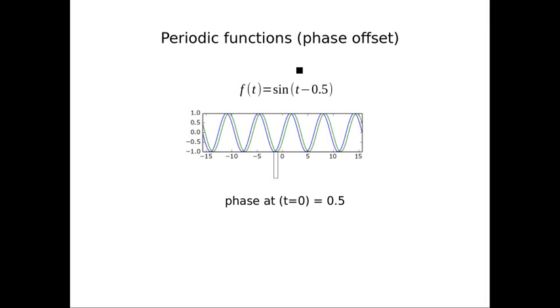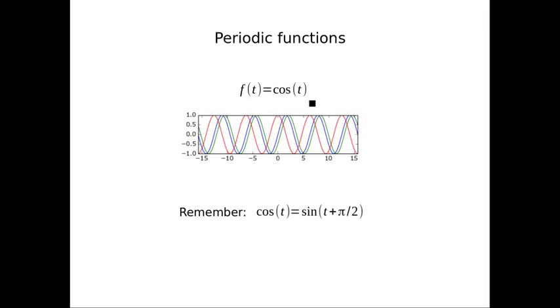So we say that the phase offset of the green function is 0.5, and another property is that its phase at t equals 0 is 0.5. So these are kind of two separate concepts. There's the phase offset from the original curve, and then there's the phase in the cycle that describes the oscillation.